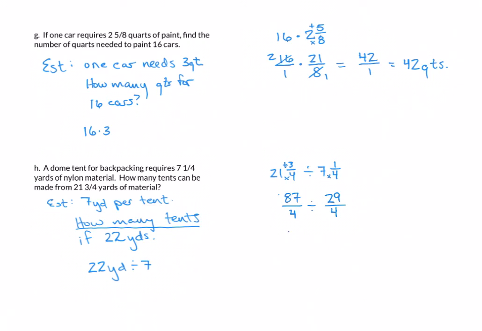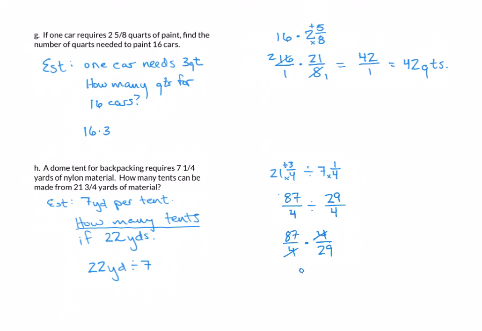All right, we copy dot flip, so we're going to do 87 over 4 times 4 over 29. I can cancel my 4's.